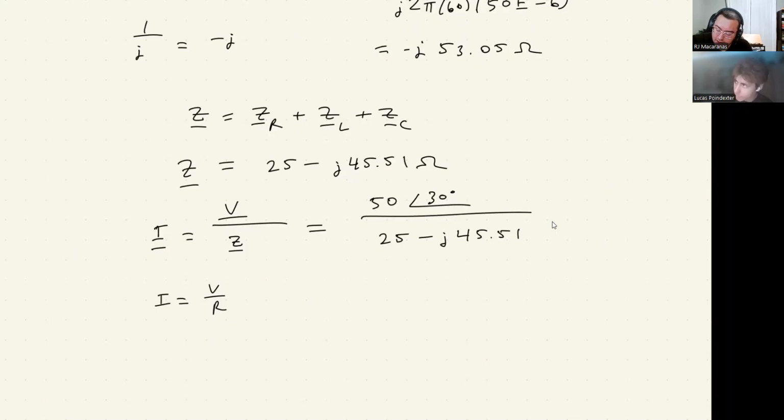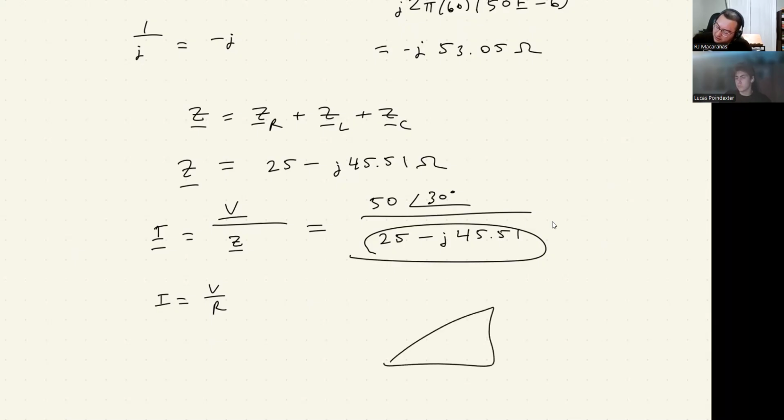But you could also convert this into a magnitude and an angle. Again, to get the magnitude, realize that it's a triangle. You've got 25 on the real axis, and 45.51 going negative, but it would be the same magnitude.